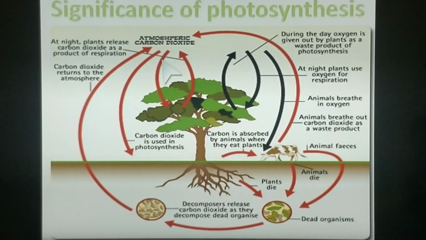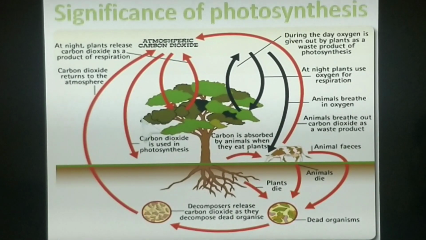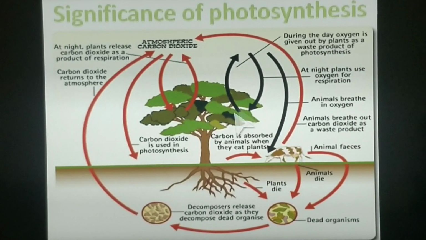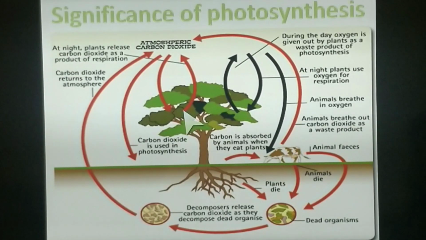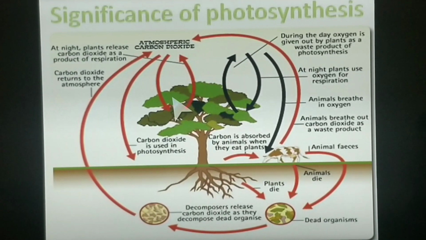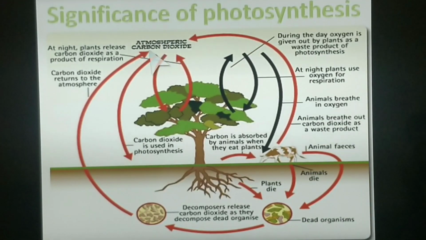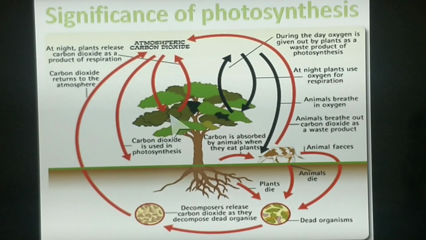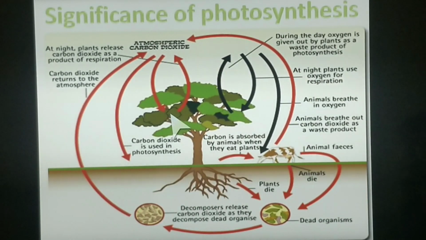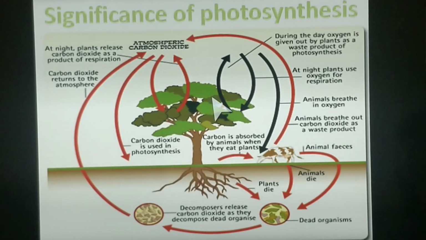We'll understand this first by considering the red arrows that are shown. This is the picture of a tree. We know that during the daytime, carbon dioxide is taken from the atmosphere. See, atmospheric carbon dioxide is taken by the plants to prepare their food. They prepare the food for themselves as well as for other organisms also.